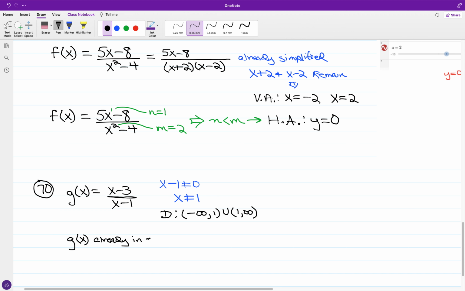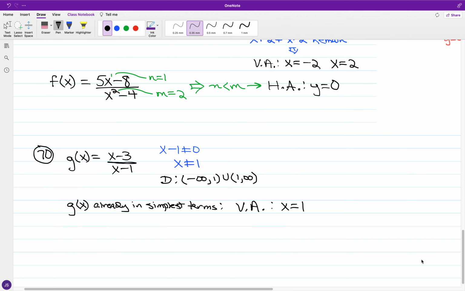We're already in simplest terms. So that means that x minus 1 is not going to cancel out. So we want the excluded value of 1 to turn around and become the vertical asymptote.